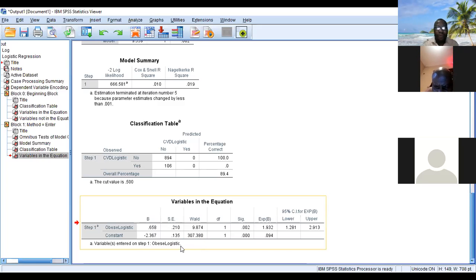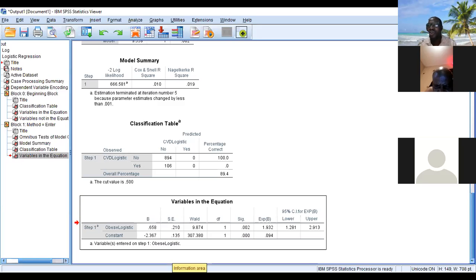Now, if you divide the beta by the standard error, it follows the normal distribution. They call it the Z statistic. It follows the Z distribution. In some software like Epi Info, and maybe Stata, it is Z that it will give you.